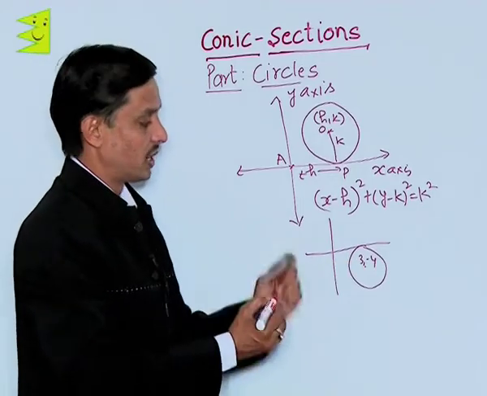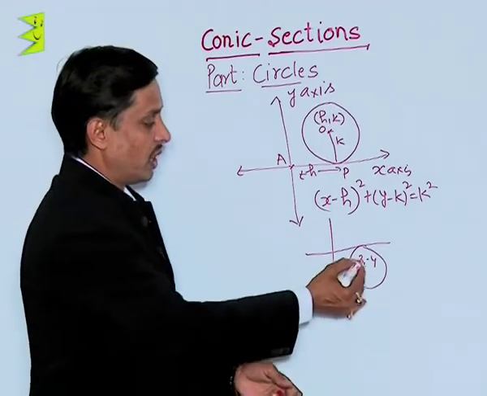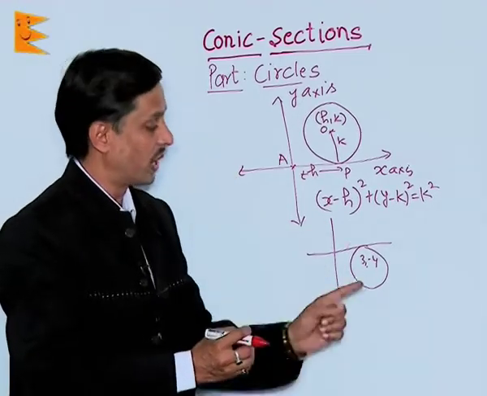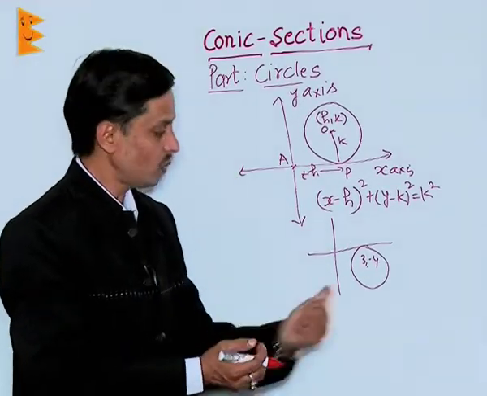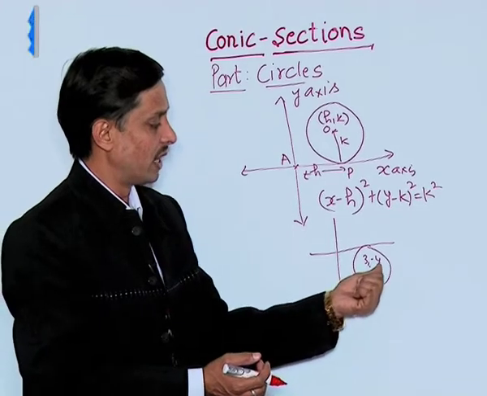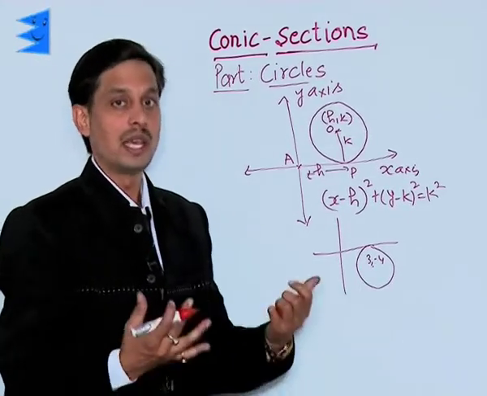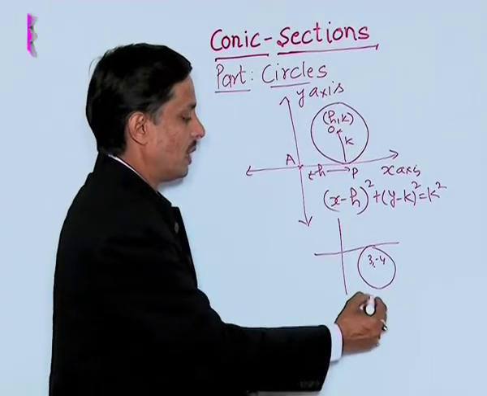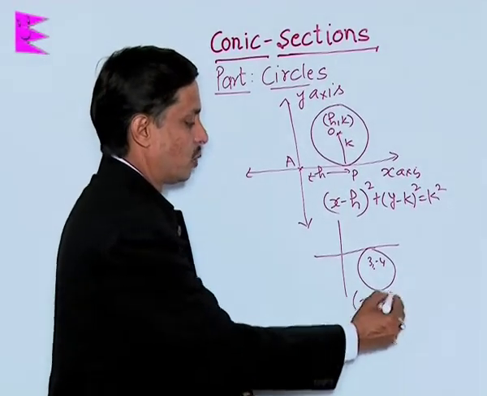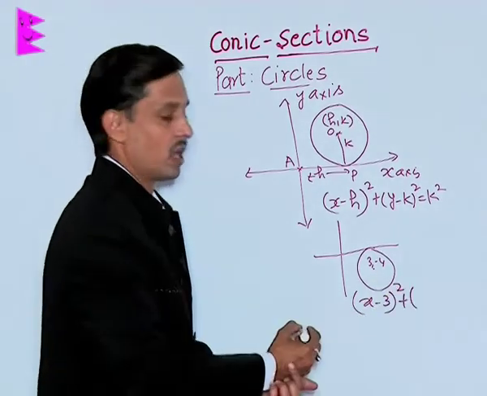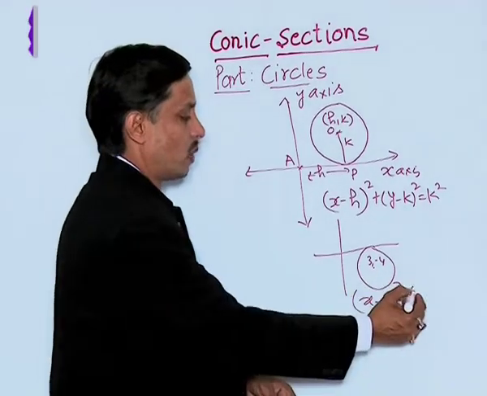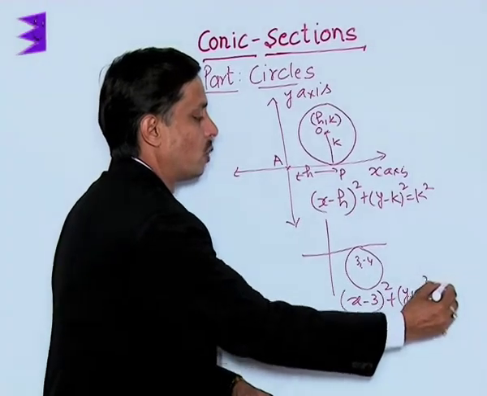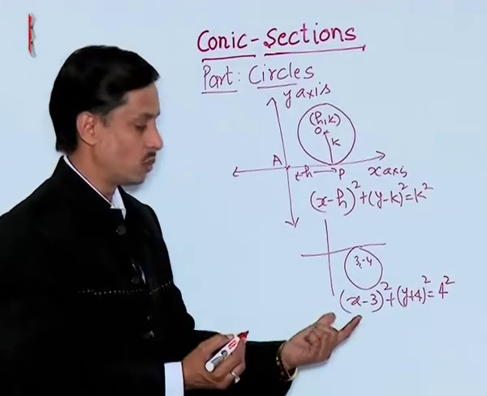If I take an example, find the equation of that circle which is touching the x-axis and the coordinates of the center are 3, minus 4. So I must understand that the radius of the circle, if it is touching the x-axis, is equal to the y coordinate of the center. Here the y coordinate of the center is minus 4. So the radius has to be 4 because radius cannot be negative. So the answer will be (x minus 3) square plus (y plus 4) square is equal to 4 square.